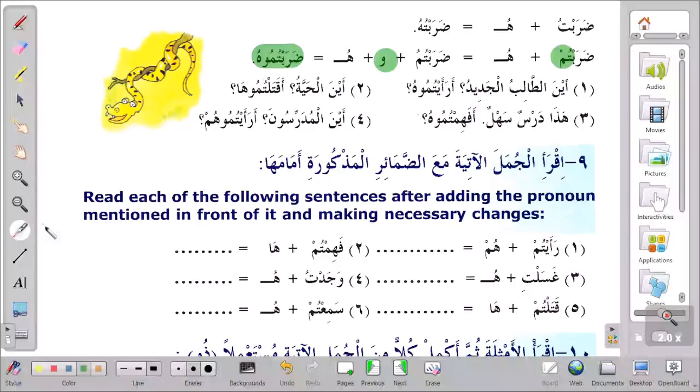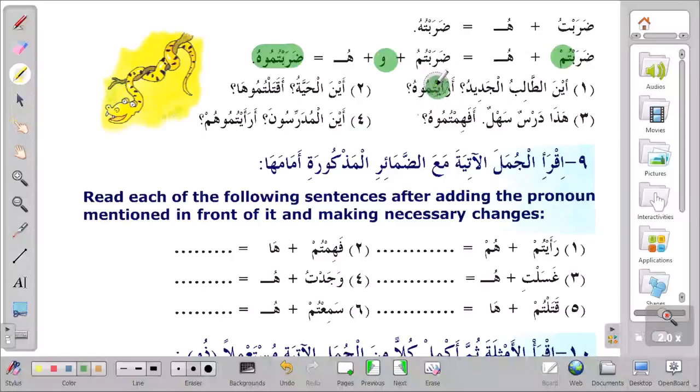Now let's look at these exercises, inshallah, to make it very clear. Aina at-tullabul judud? Where are the new students? So if you want to say, did you see him? You see, the verb is ra'aytum, so you see it is ending with the pronoun tum.